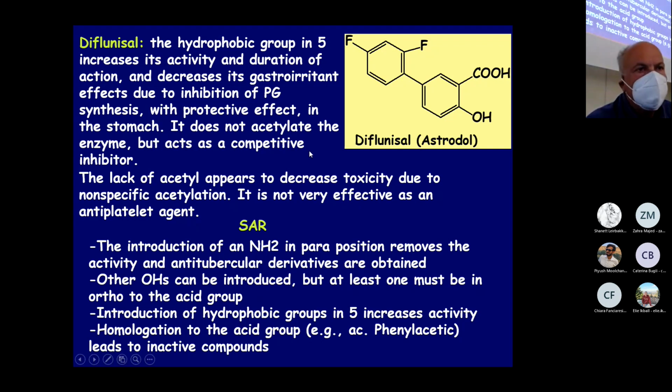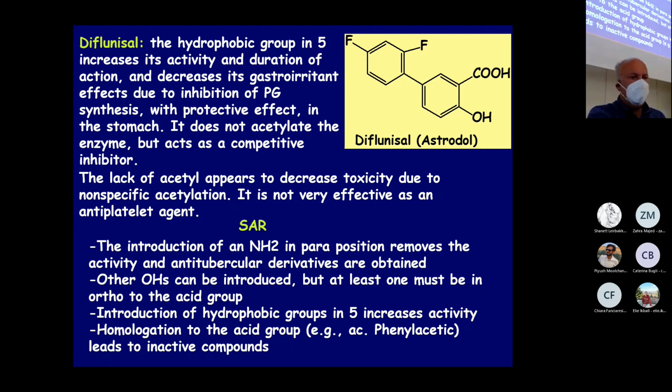One modification that can be performed on the backbone of salicylic acid is the introduction of an amino group in para position, para-amino-salicylic acid. This compound is no more an anti-inflammatory agent, but it is used as antitubercular against the Mycobacterium tuberculosis.